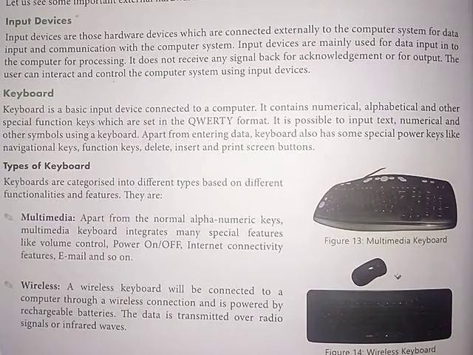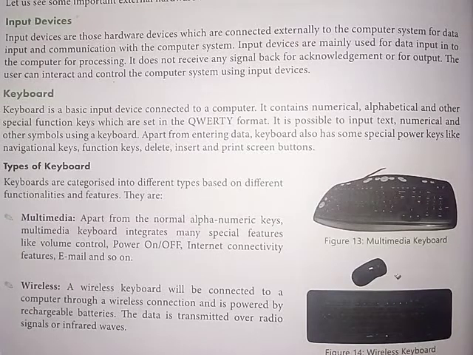Types of keyboards. Keyboards are categorized into different types based on different functionalities and features. They are multimedia and wireless. Multimedia. Apart from the normal alphanumeric keys, a multimedia keyboard integrates many special features like volume control, power on off, internet connectivity features, email and so on.